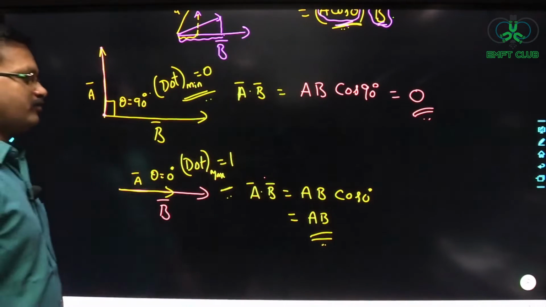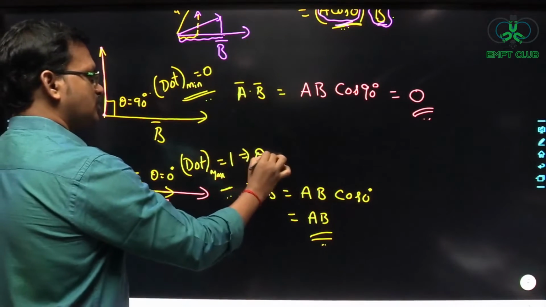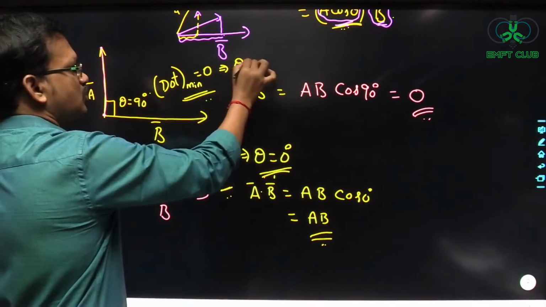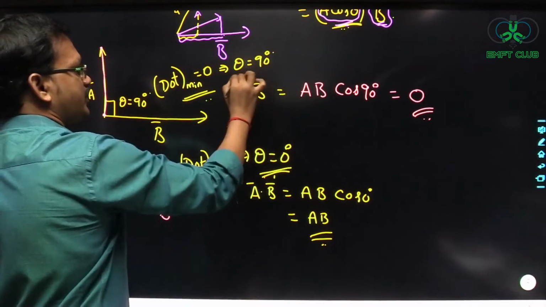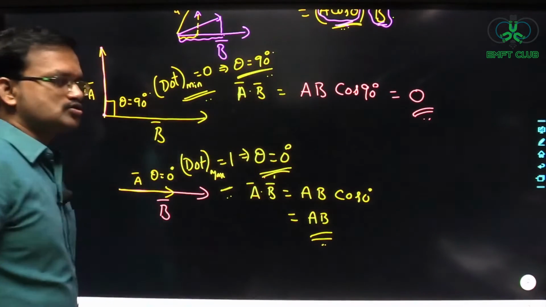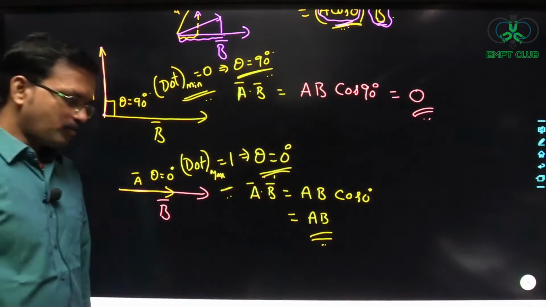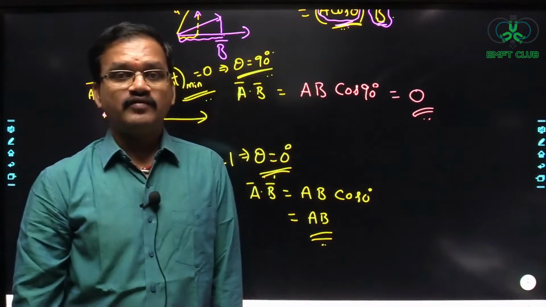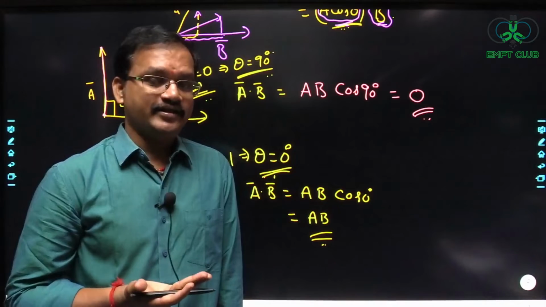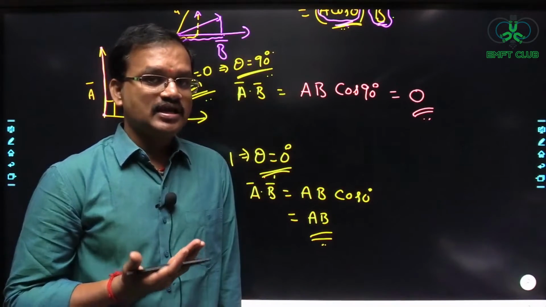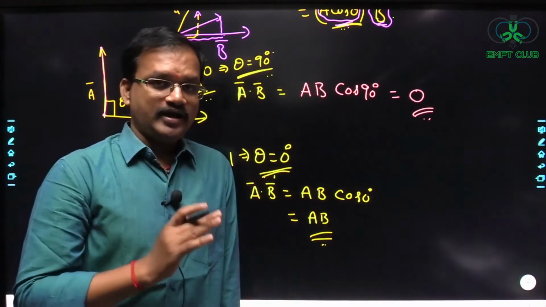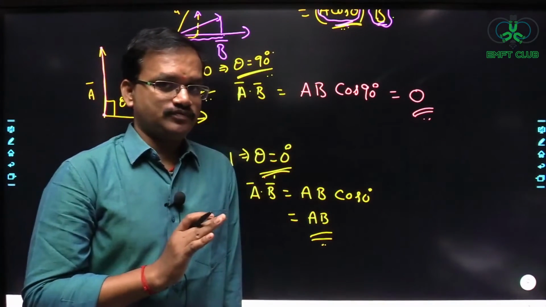Okay, so whenever in this case theta is equal to 0 degrees, and in this case theta is equal to 90 degrees, right? So what is the conclusion we can make? The dot product will be minimum whenever theta is 90 degrees. Whenever theta is 90 degrees, there exists no component of one vector along the other, and hence the dot product will become 0, isn't it?